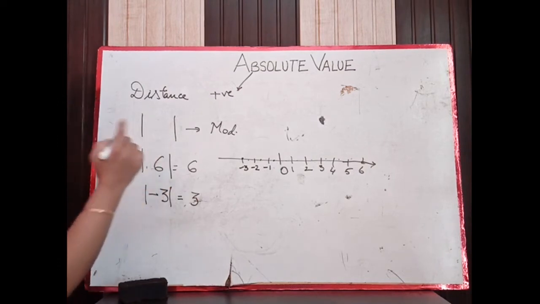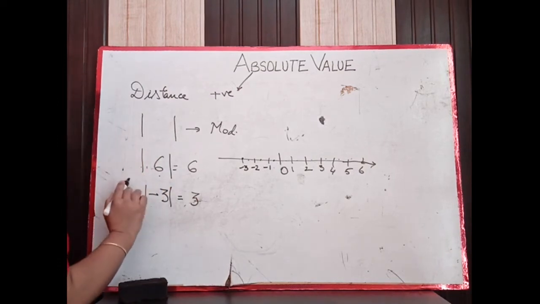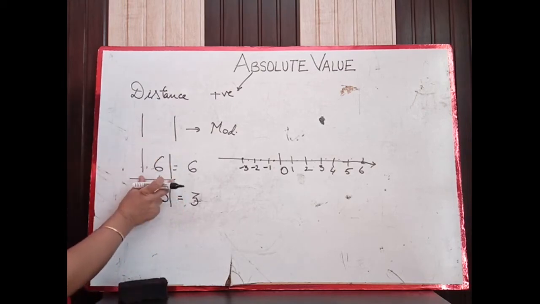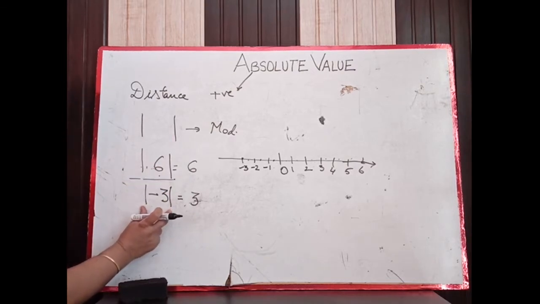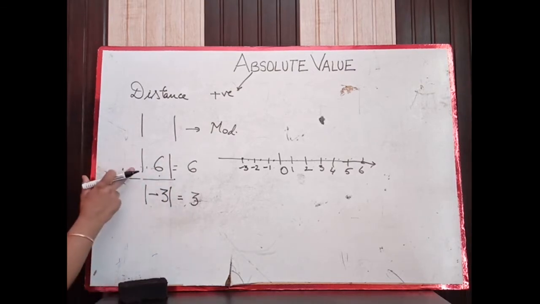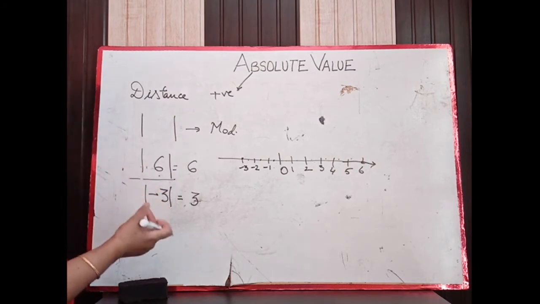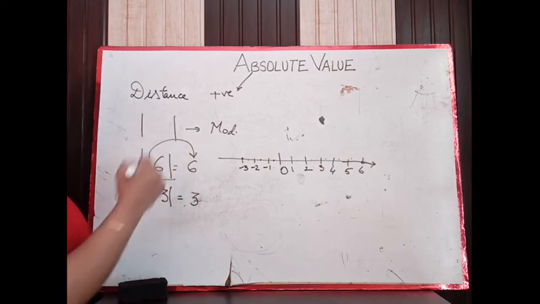This is the way we will write the mode of 6 or absolute value of 6, and the mode of minus 3 or absolute value of minus 3. This is how we will read it and solve it.